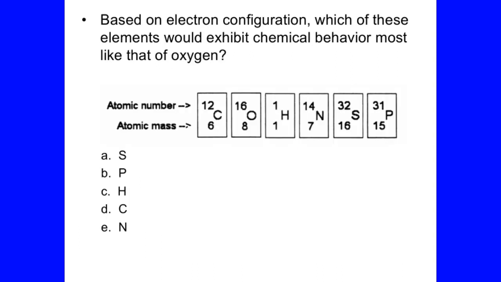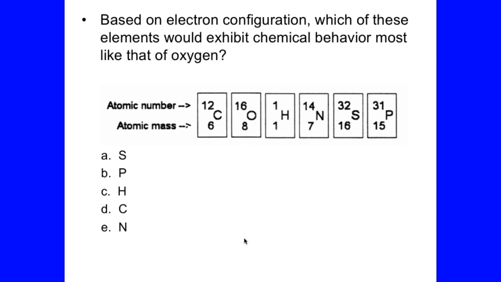Based on electron configuration, which of these elements would exhibit chemical behavior most like that of oxygen? To answer this question, you would have to refer back to your periodic table. Take a second and think about which one of these would react very similarly to oxygen.